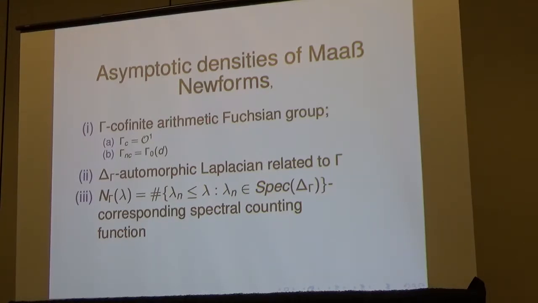So gamma is a cofinite arithmetic Fuchsian group, delta gamma is the automorphic Laplacian related to gamma, and N gamma of lambda, the number of eigenvalues less than or equal to lambda in the spectrum of delta gamma, is the corresponding spectral counting function.